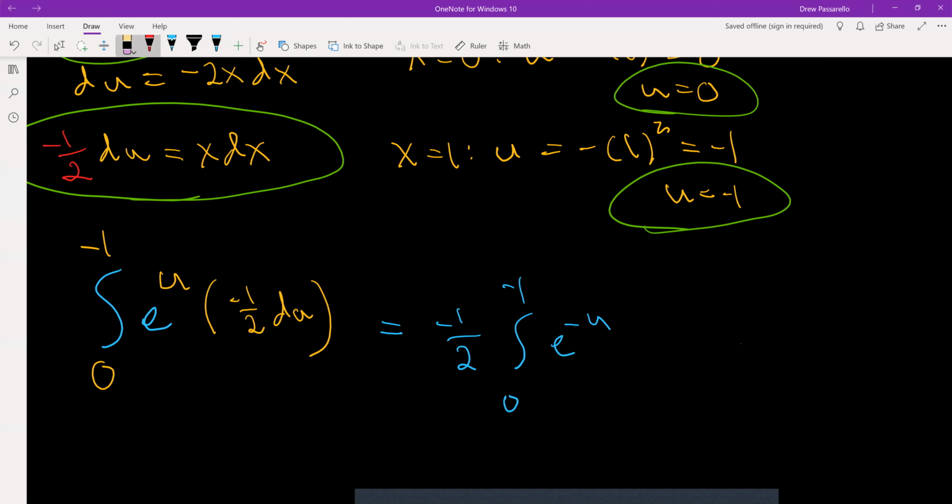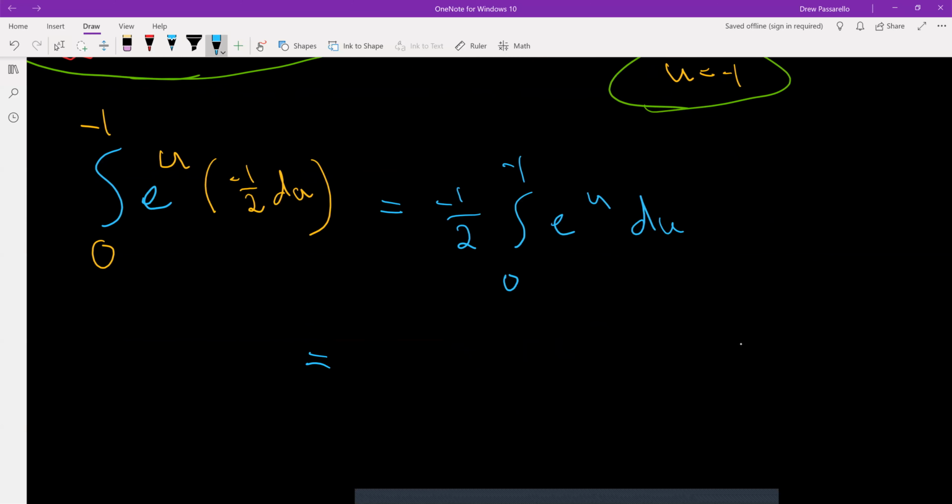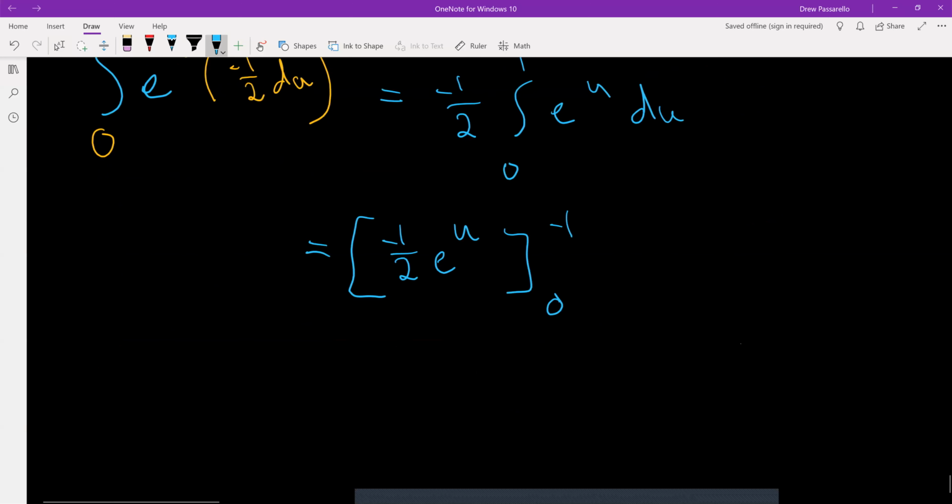So this will be negative 1/2 e to the u. And then my limits are 0 and negative 1. I'm going to factor out the negative 1/2 and then apply the fundamental theorem.